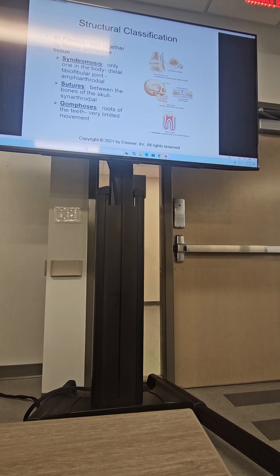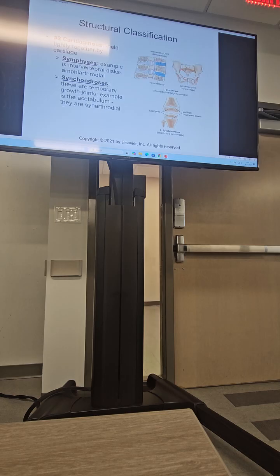Sometimes my English gets stuck. Do you understand fibrous? They are held together mainly by fibrous tissues. Here are examples, but don't overload yourself with this. You also have cartilaginous joints that are held together by cartilage.